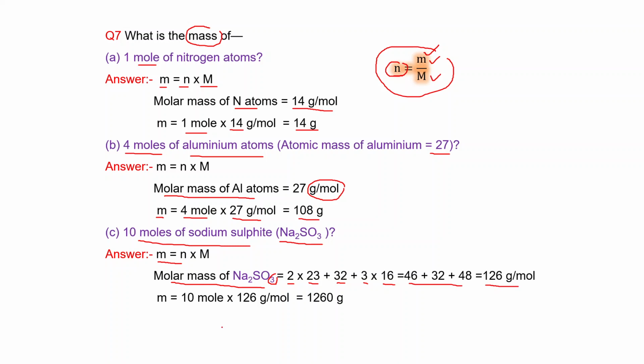This is the mass of 1 mole of sodium sulfite. Then mass of 10 mole of sodium sulfite is 10 mole into 126 gram per mole, and this is 1260 gram.